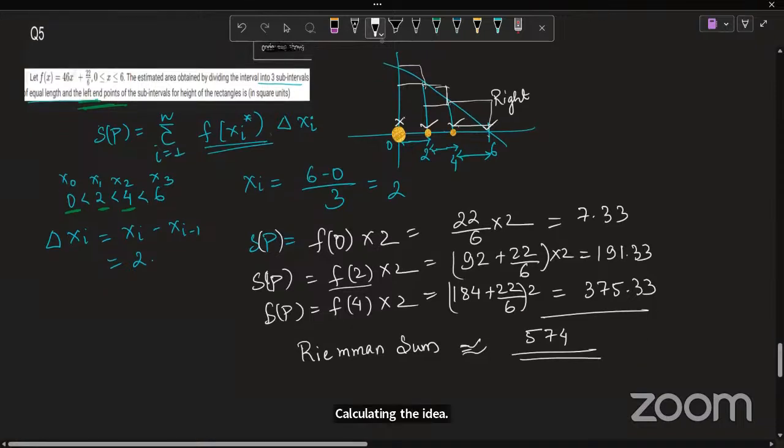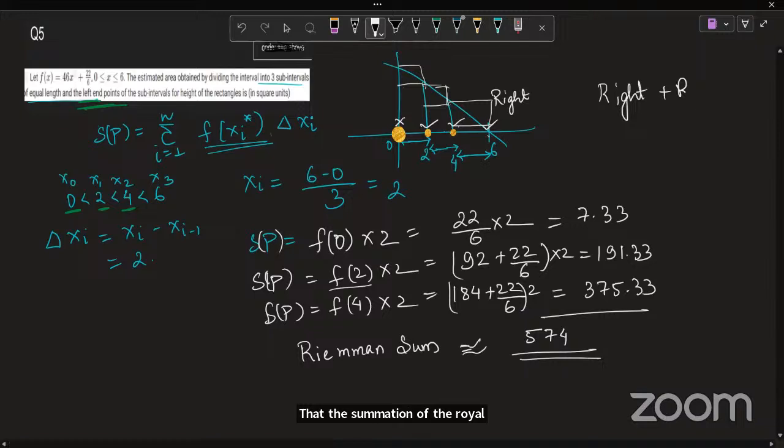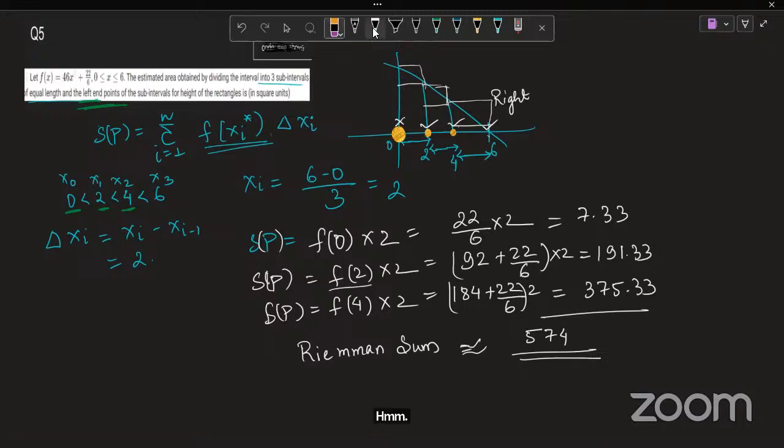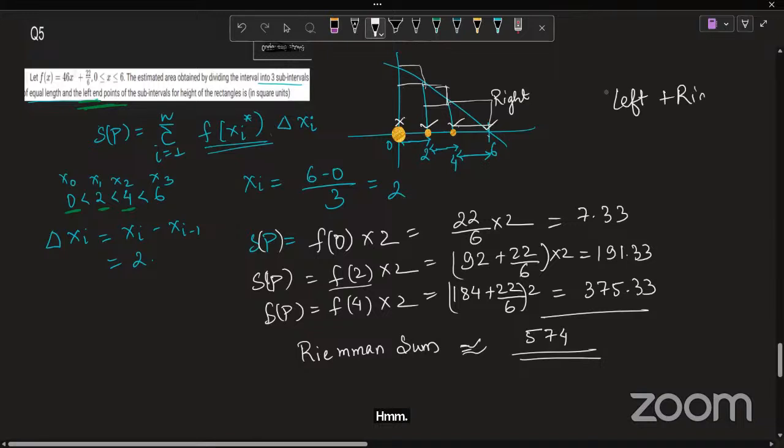If you calculate the right Riemann sum, the summation of the left Riemann sum plus the right, the summation of left plus right endpoints divided by 2, the average of this will give the actual area of this curve.